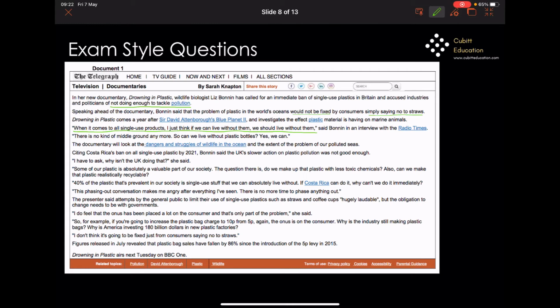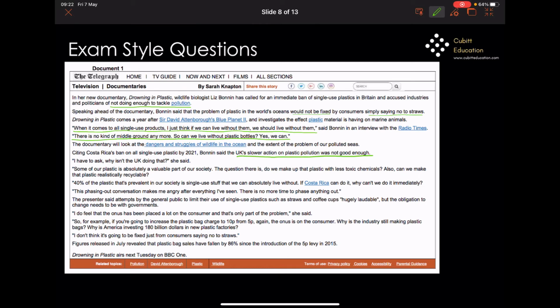said Bonin in an interview with the Radio Times. There is no kind of middle ground anymore. So can we live without plastic bottles? Yes, we can. That's another quote from her. The documentary will look at the dangers and struggles of wildlife in the ocean and the extent of the problem of our polluted seas. Citing Costa Rica's ban on all single-use plastic by 2021, Bonin said the UK's slower action on plastic pollution was not good enough.